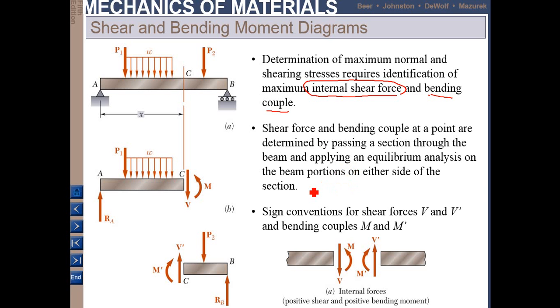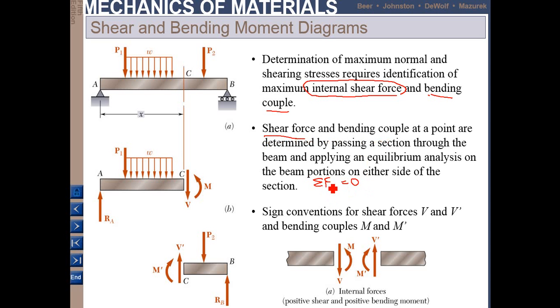So similar to torsion or any other analysis of forces, you have to determine the equilibrium state of forces in the y direction or x direction. At equilibrium, it must be equal to 0. This is for shear force.